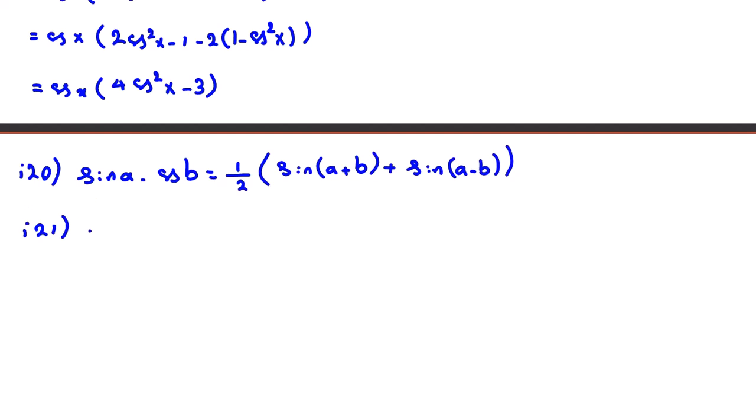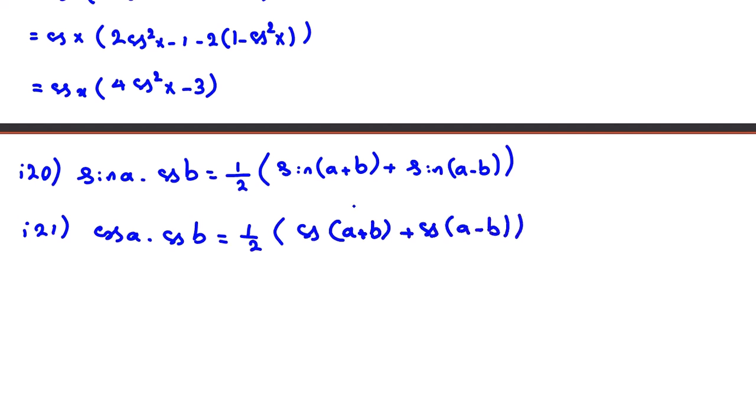If we want to use cosine A cosine B, then it will be 1/2 times cosine A plus B plus cosine A minus B. And if you want to prove them, you can prove them easily by using the formula of sine A plus B. Here you look at sine A cosine B plus cosine A sine B. Then here sine A cosine negative B, which is cosine B, plus cosine A sine negative B, which is negative sine B. And then two parts will be cancelled and we will reach this.